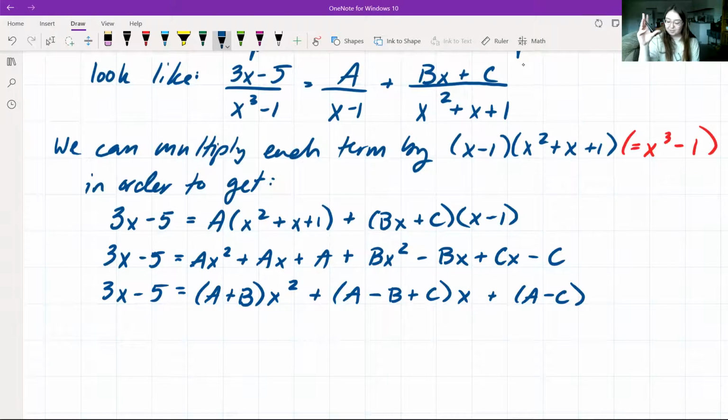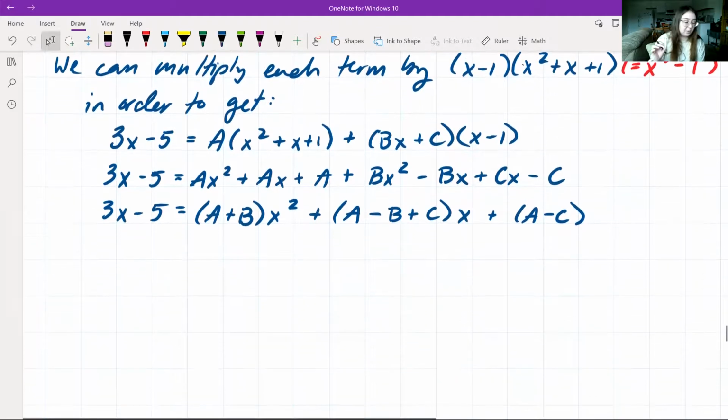Now, we can try to let x be equal to certain values, but even if we were to let x be equal to 0, which would cancel out quite a few terms, it would still leave us with A minus C is equal to negative 5. It doesn't really give us a definitive value. We would still be replacing a lot of other terms to try and solve for specific terms. So in a case like this, it is easier to do the identity that we did from example 1.